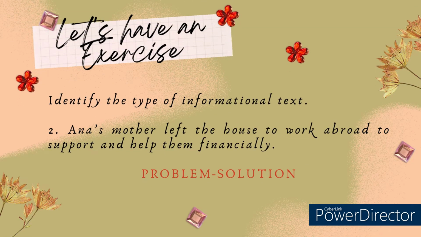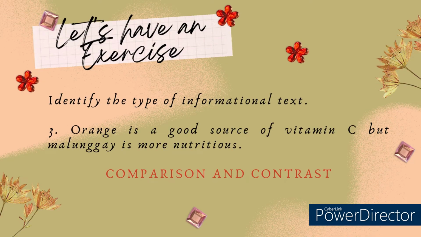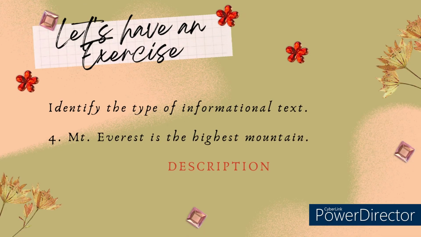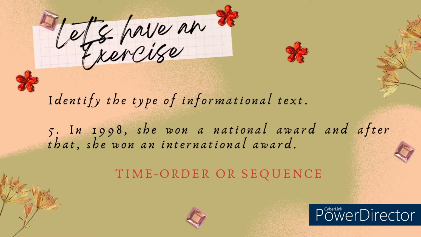Number 2, the correct answer is problem solution. Number 3, the correct answer is comparison and contrast. Number 4, the correct answer is description. Number 5, the correct answer is time order or sequence.